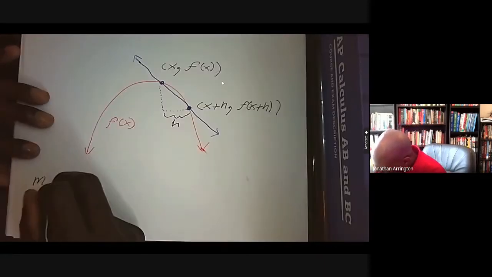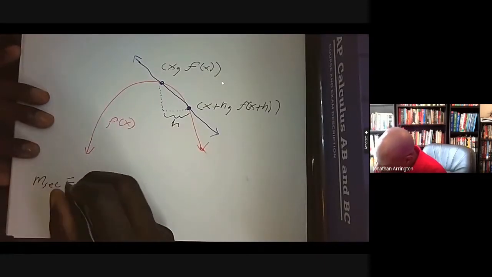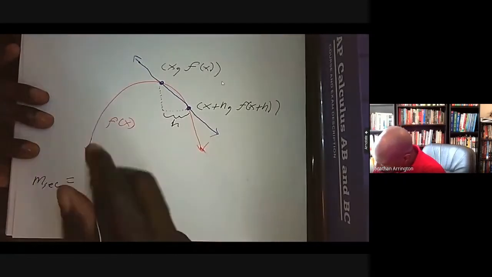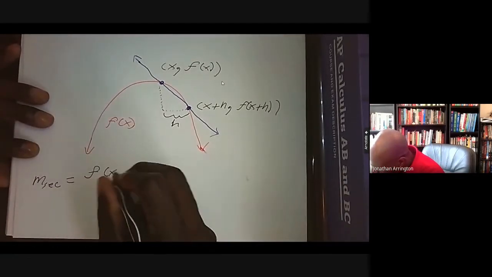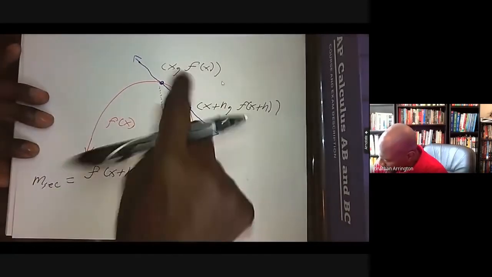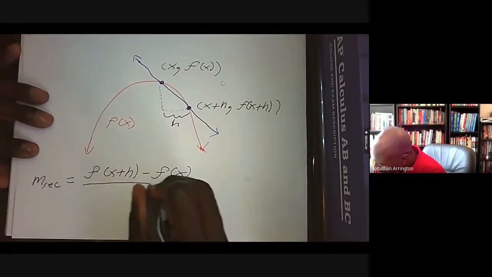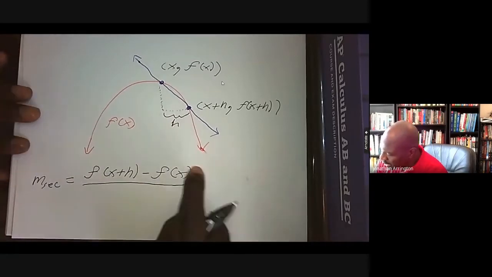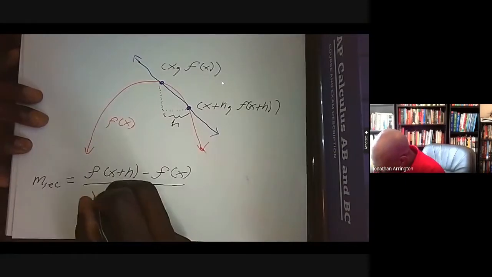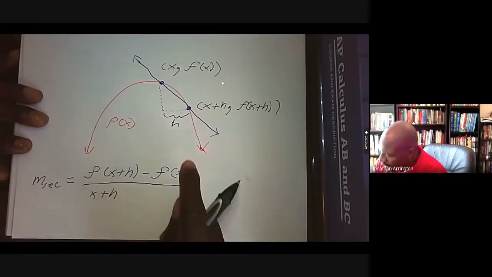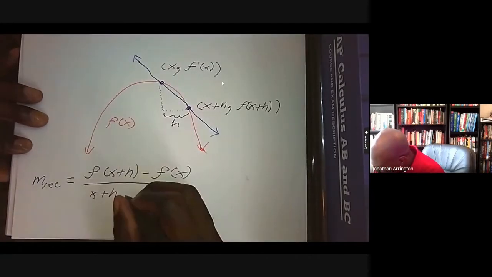So the slope of the secant line, and my y2 is f of x plus h, minus my y1, which is f of x, over my x2, which is x plus h, and my x1 is x.